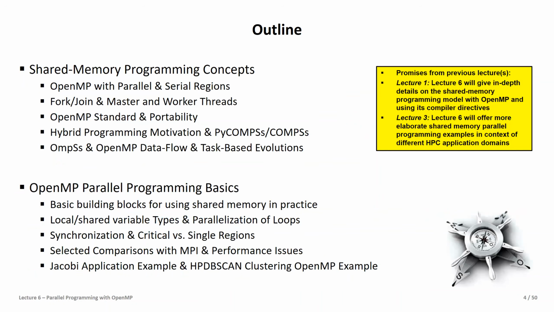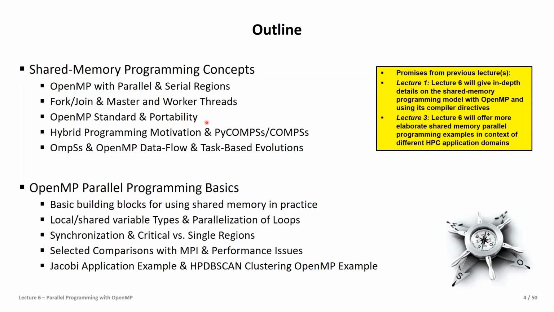So we start with understanding again shared memory and the idea of parallel and serial regions, which are often introduced by so-called sentinels. We have to understand the fork and join of so-called master and worker threads. We describe a little bit OpenMP as a standard, really, of course, and this would enable portability.